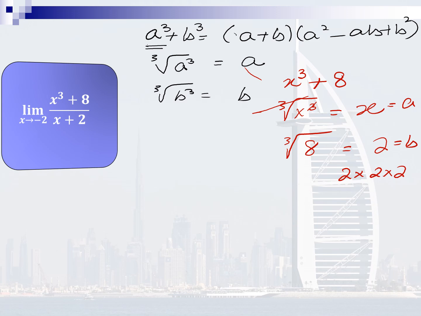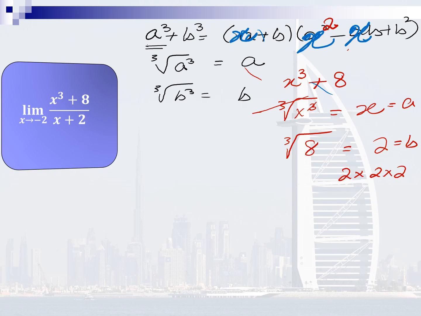Wherever I have the a, I will write x. So I am writing here x, here x, and here x. If I have some square, I keep the square as it is.